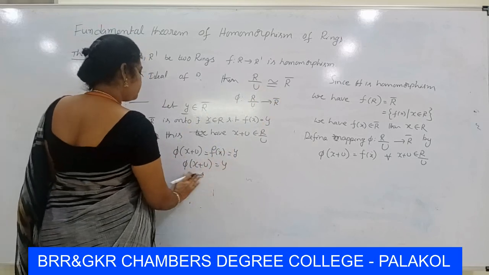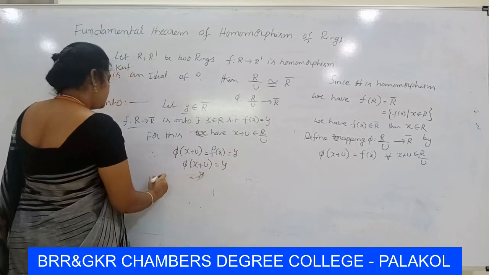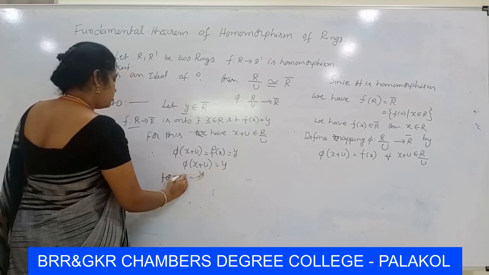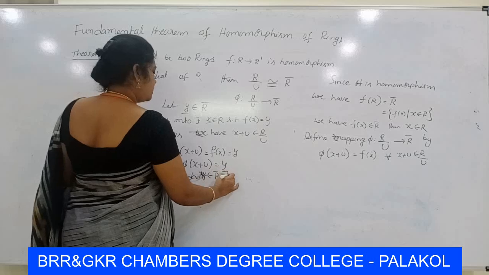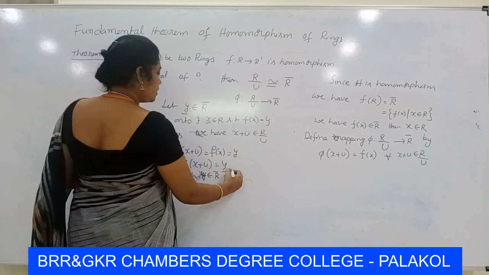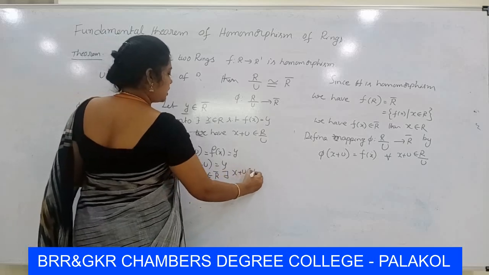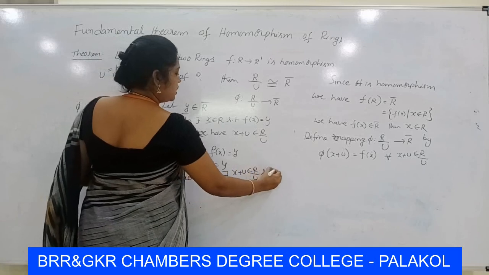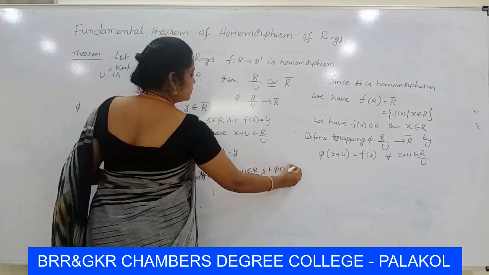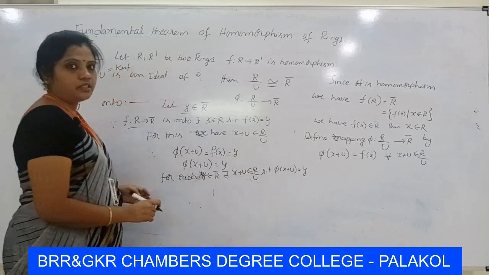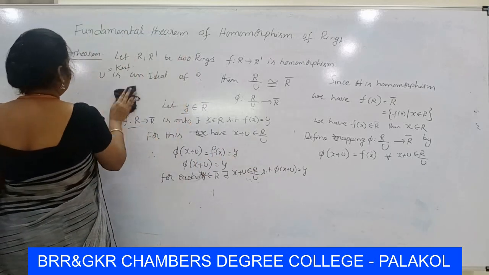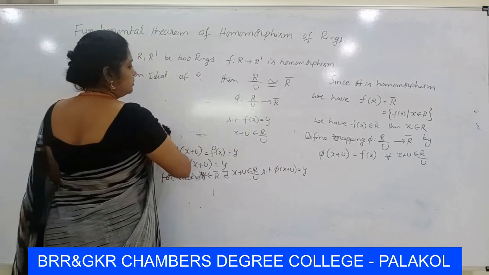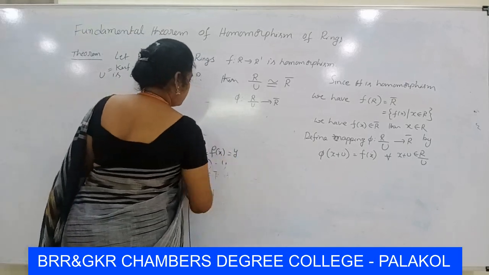Therefore for each y belongs to R bar, there exists some x plus U belongs to R by U such that phi of x plus U is equal to y. Therefore phi is onto. Then we have to prove phi is a homomorphism, and then phi is an isomorphism.